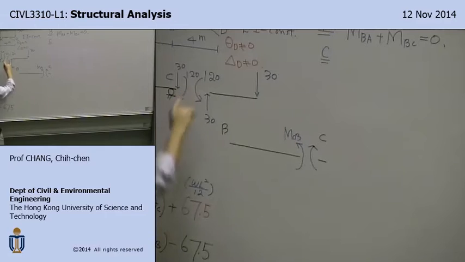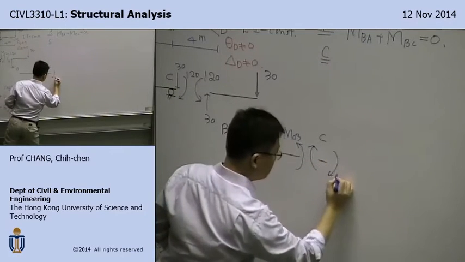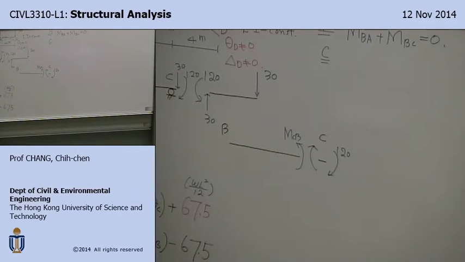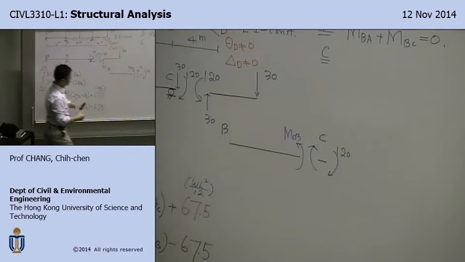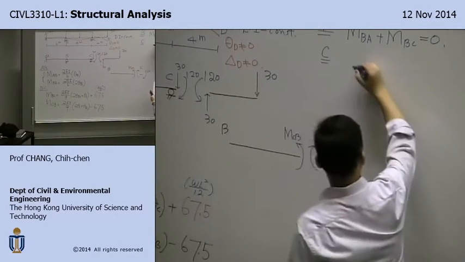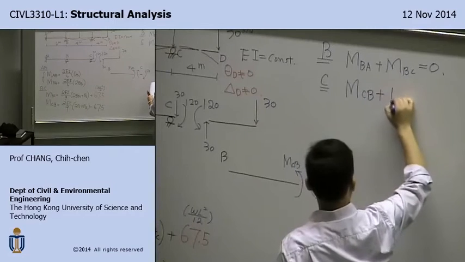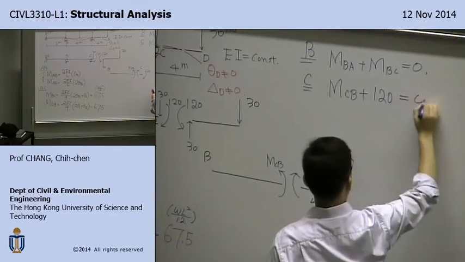And you have this 120 coming from the right-hand side. So that is what happened at joint C. All right, so the equation is M_CB plus 120 equal to 0.